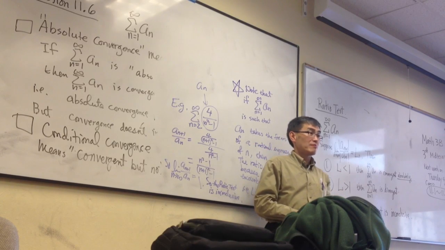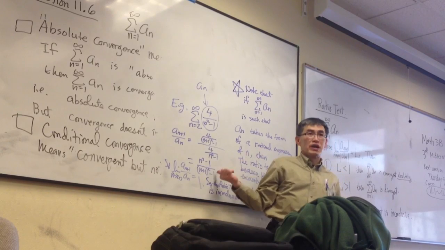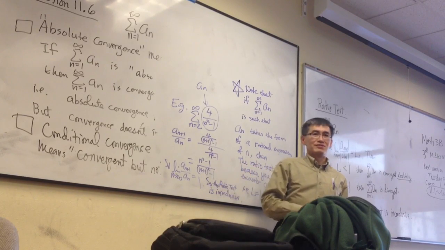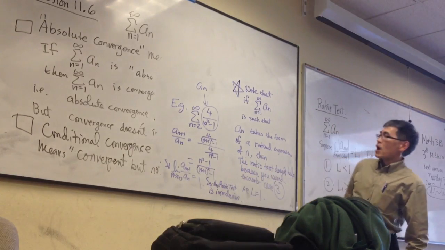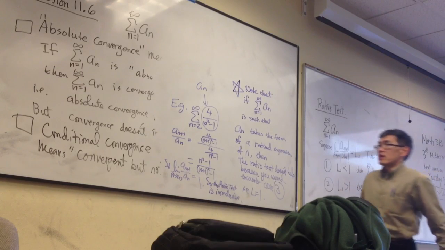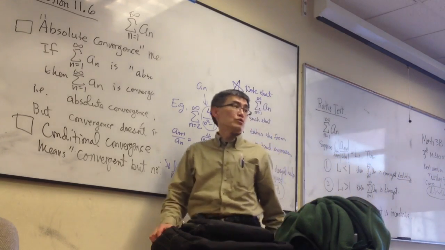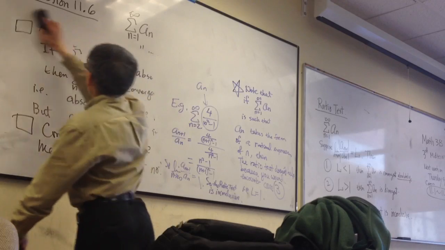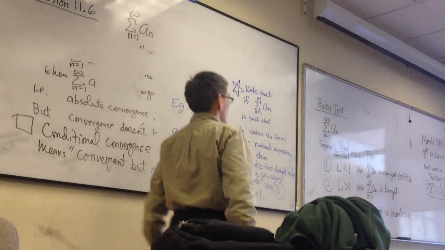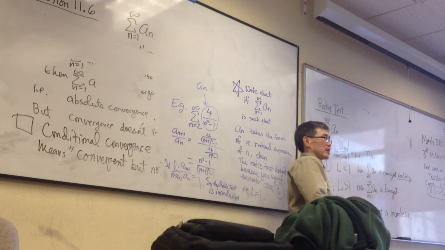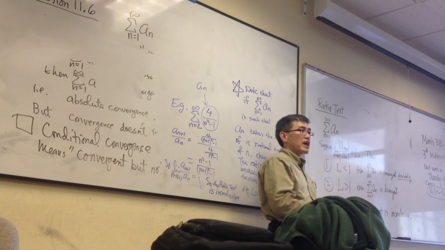But if you attempt to use the ratio test, as you did, then it becomes inconclusive. So what kind of example would you use the ratio test for? Well, you kind of feel it. What this is trying to do is this: you're going from one term to the next.